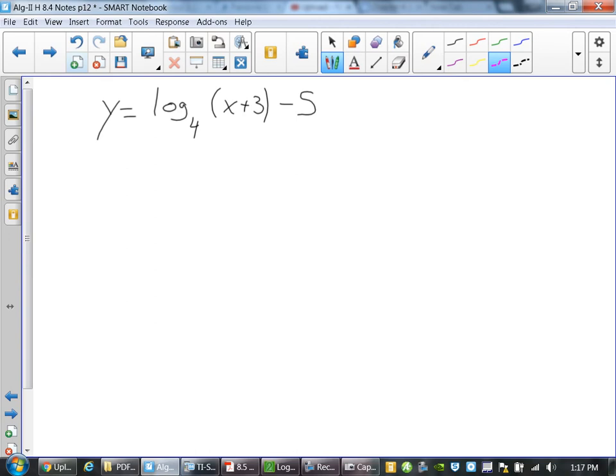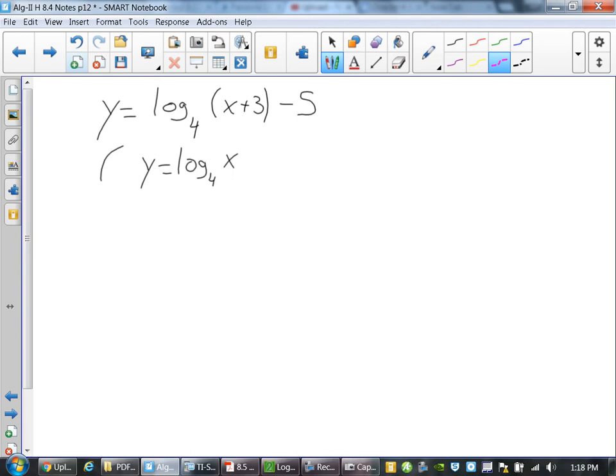so you start with the same thing, guys. Heads up, come on. We start with the same basic idea. I know my b value is greater than 1, so I know it's going to go up and to the right. I know that my parent function is y equals log base 4 of x. I'm going to pick two values of x that work with these properties.